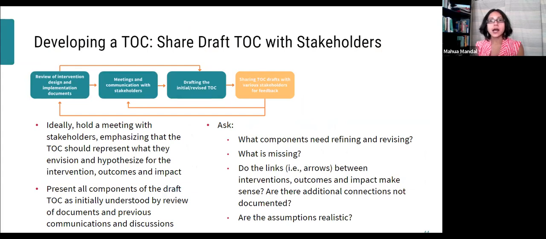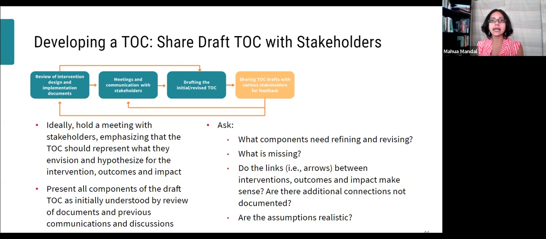So after you've drafted an initial theory of change, the next step is to share the draft with stakeholders. And in sharing the draft, ideally you would hold a bit more of a formal meeting and get as many stakeholders in a single room as possible.